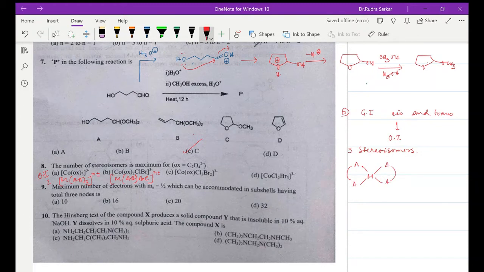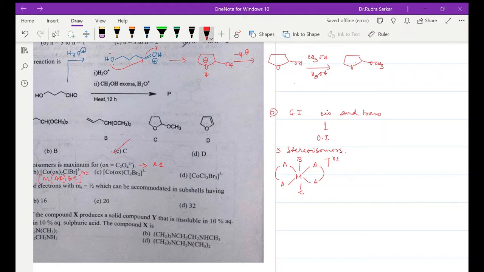This AA is your bidentate ligand, that is your oxalate. And then you can have your B and C. So we are saying B and C are basically bromine and chlorine.